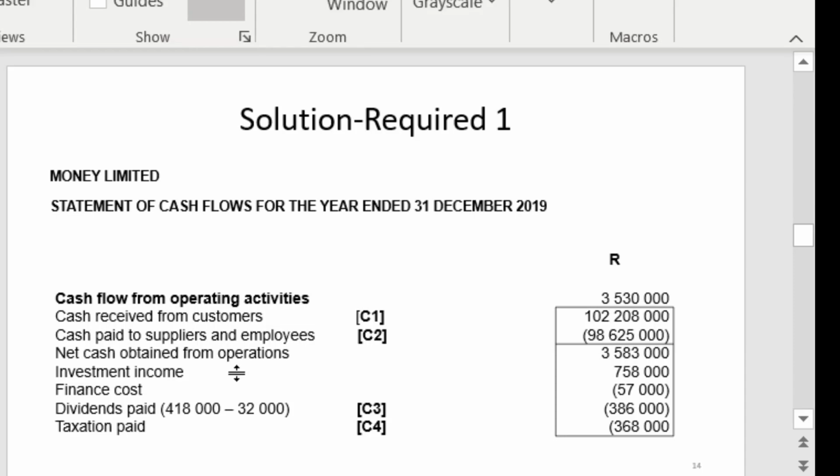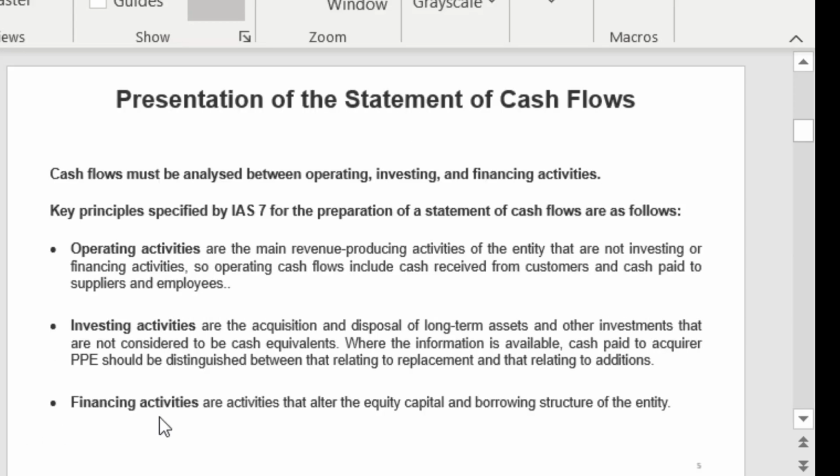Next, we're going to look at cash flow from investing activities. First things first, let us look at what investing activities are. Investing activities are the acquisition and disposal of long-term assets and other investments that are not considered to be cash equivalents.